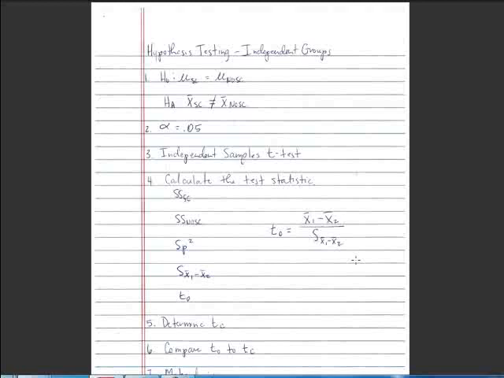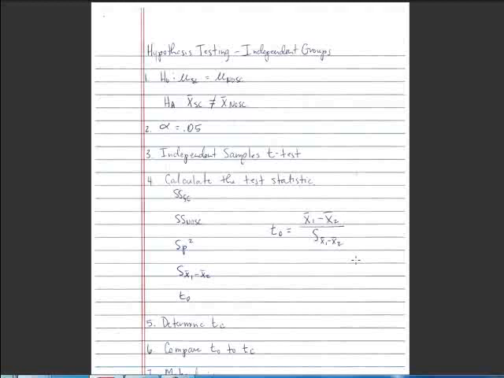And the first thing we're going to talk about is the fact that the larger the sample that you use, the less likely that the difference between the two means was created by sampling error. So I'll say that again. The larger the sample that you use, the less likely that the difference between the two means was created by sampling error. And hopefully that makes sense. Larger samples have less sampling error than smaller ones.